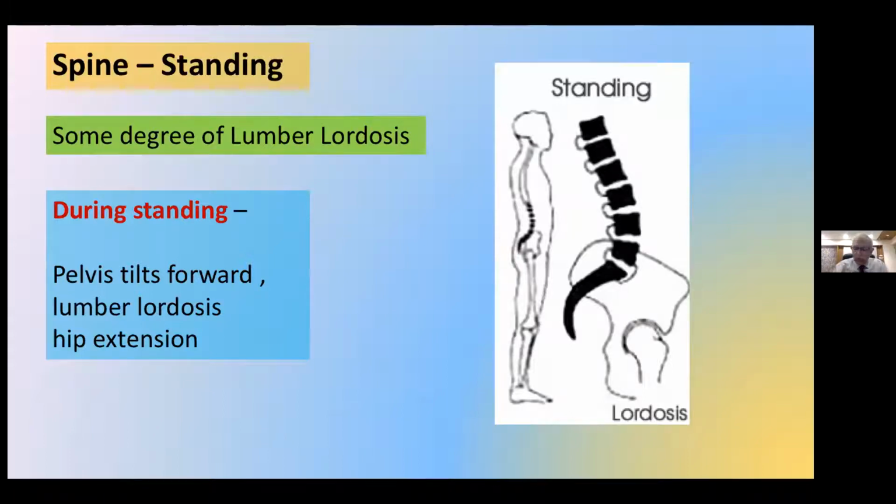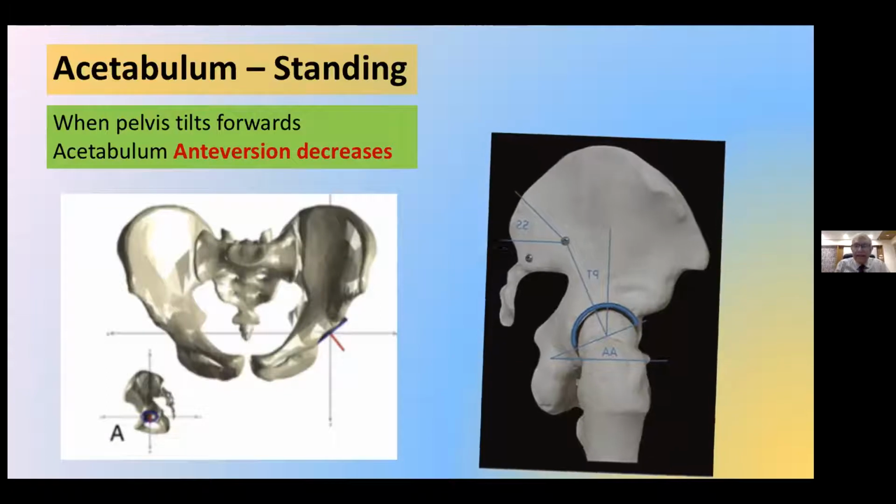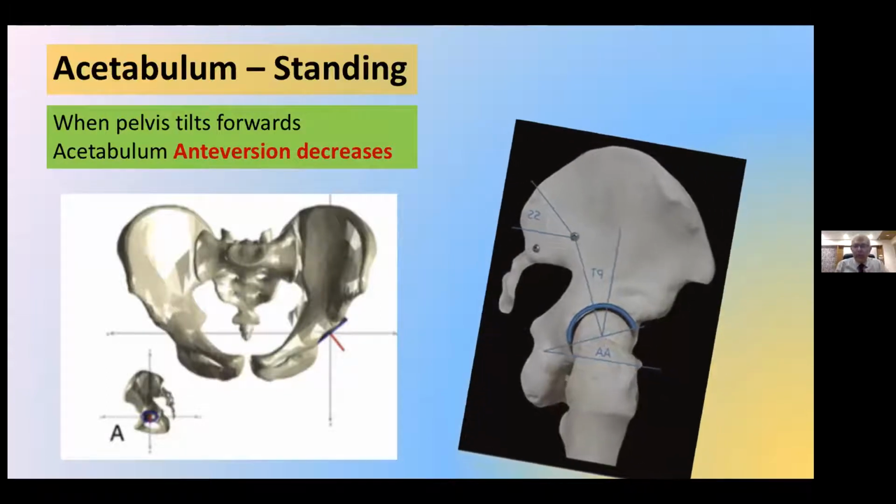There is a lumbar lordosis and hip extension, as shown in this figure. Remember, lordosis is there and the pelvis is tilted forward. Hip is in extension. In this position of standing, the acetabular anteversion always decreases. The anteversion is less in this standing position.